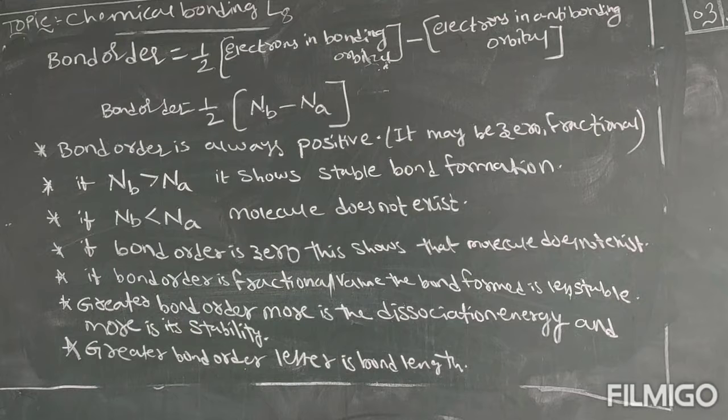If Nb is less than Na, molecule does not exist. If bond order is 0, this shows that molecule does not exist. If bond order is fractional value, the bond formed is less stable. Greater bond order, more is the dissociation energy and more is its stability. Greater bond order, lesser is the bond length.